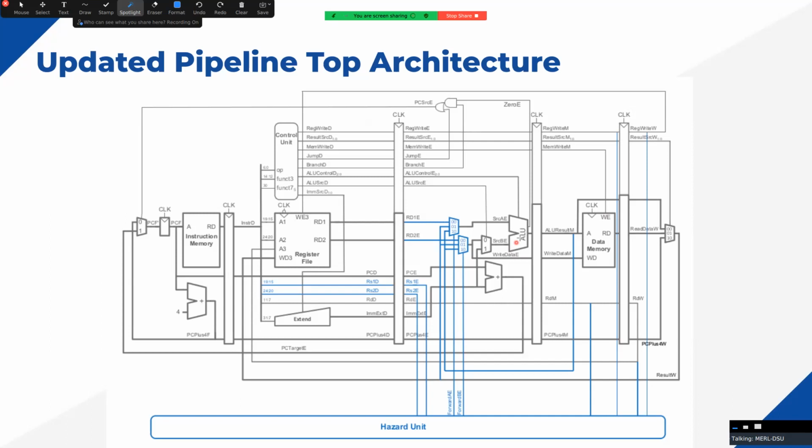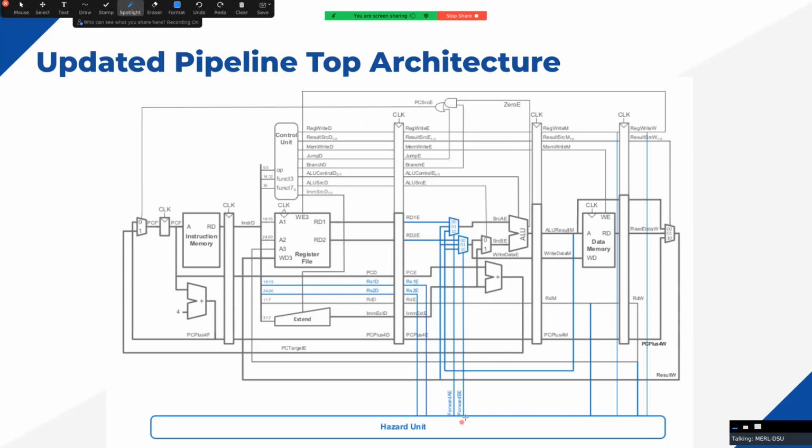It may get the value from the decode stage, or it can get the data bypassed from the memory stage, or it can get the data bypassed from the write back stage.